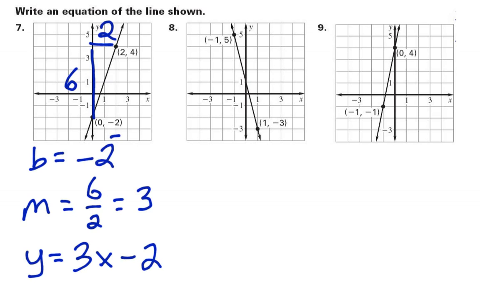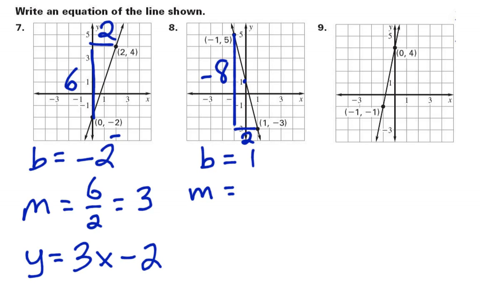Let's try again on the next problem. In this problem, they didn't tell me what the y-intercept was, but I can identify that it passes through the y-axis at 1. So I will use b as 1. I need to determine what my slope is, so I'm going to count from one point to the other, again going from left to right. I've drawn in my rise and run. It looks like I went down 8, so that's a negative 8, and my run is 2.